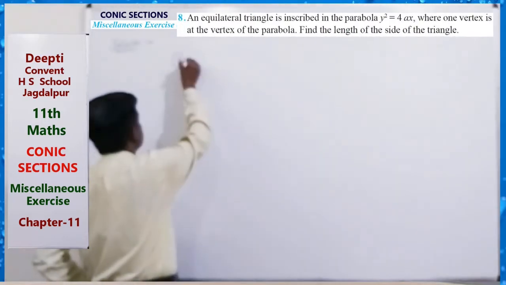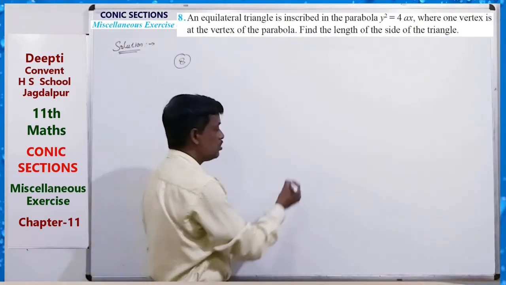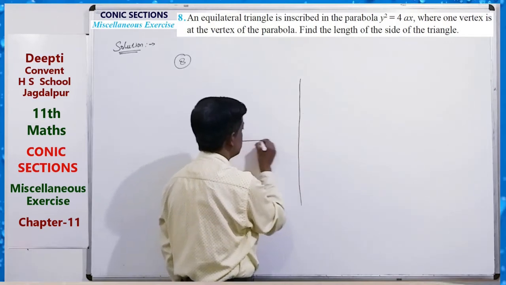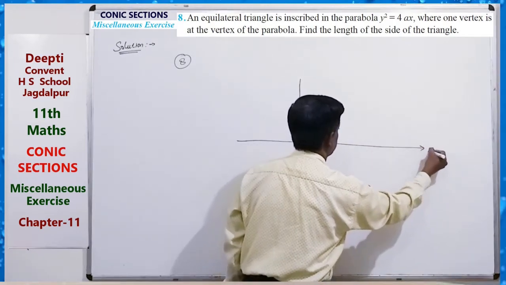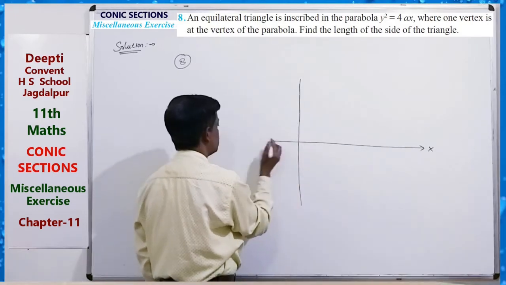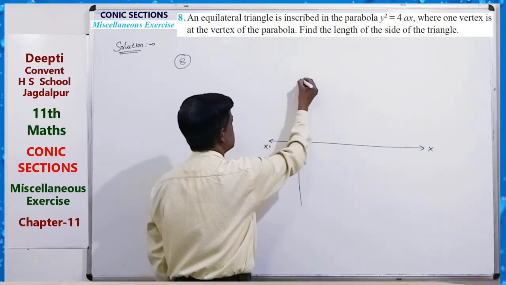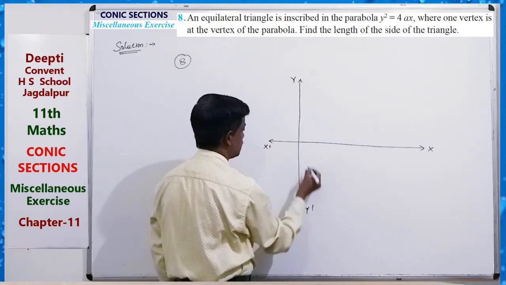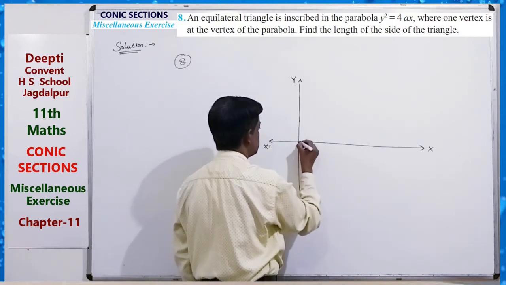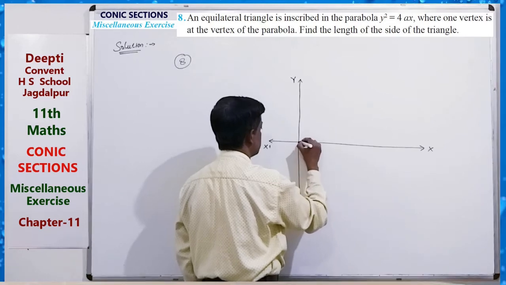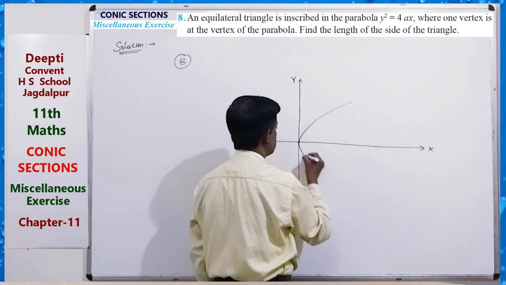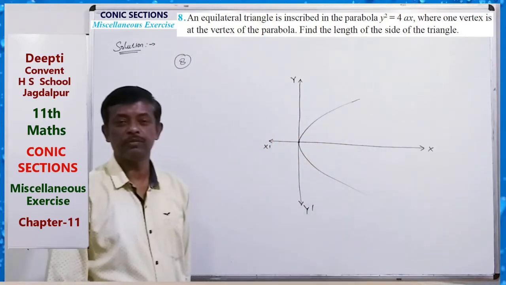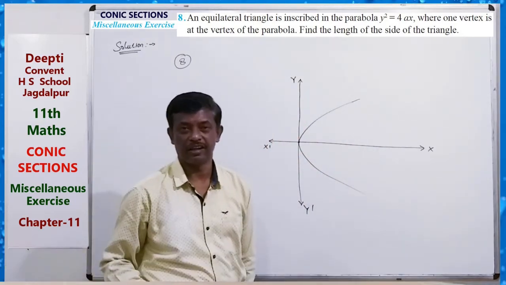Question 8. Suppose this is the x axis, this is the y axis, and the parabola is this parabola. Okay, and we have to make an equilateral triangle.